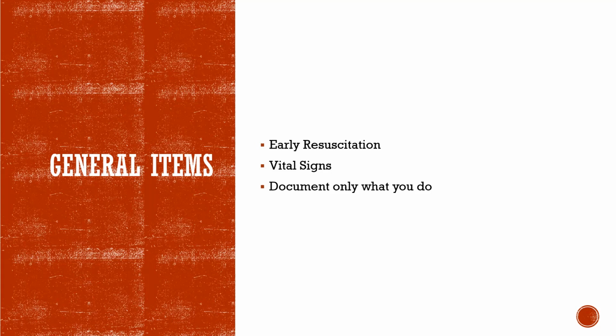Another quick general item that I put in a separate slide because I thought it needed a little more attention is: document only what you do. This is particularly true with regard to the physical exam and some of the EMRs, where parts of the physical exam will pre-populate.